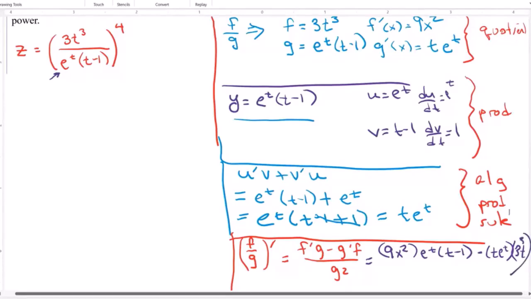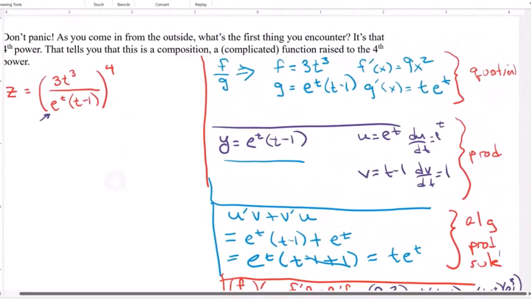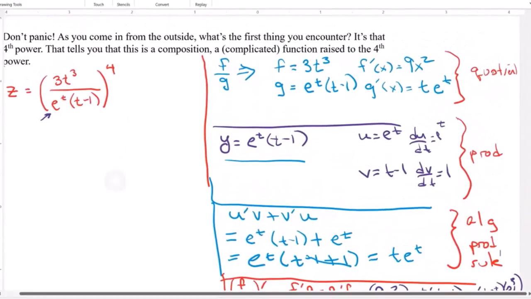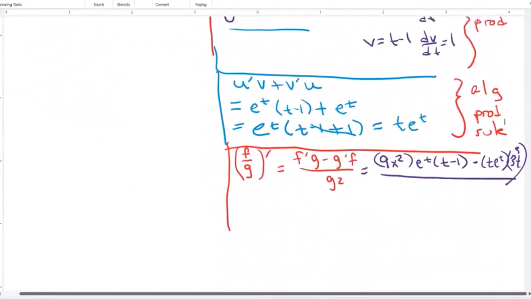Sorry, I'm getting so smushy in there. Okay. That whole thing is going to be divided by g squared. And we said g is e to the t times t minus 1. e to the t times t minus 1, this whole thing squared.